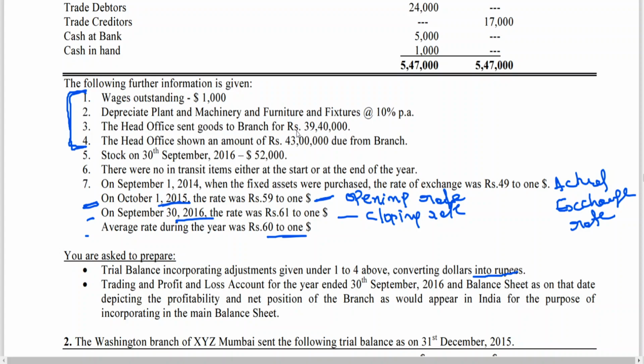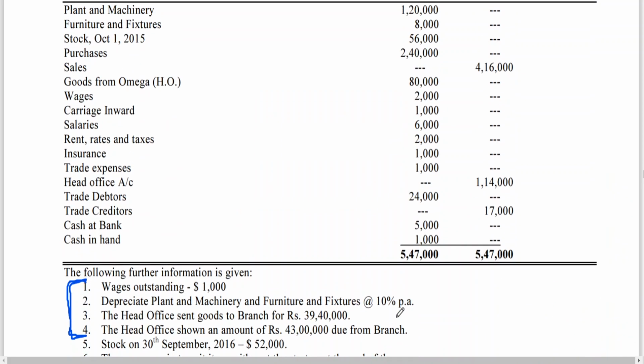Whenever goods have been sent by the head office, they should be taken at actual, not at the exchange rate. It is actual, because the data is with the head office. So when the head office sends goods, this is the actual value. This will be replaced with the amount that has been given. I told you already last class.